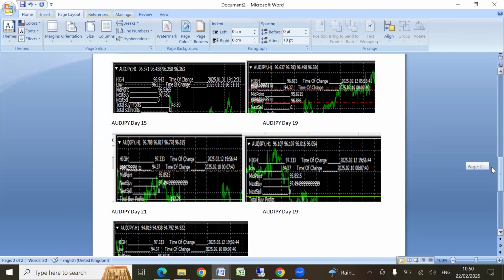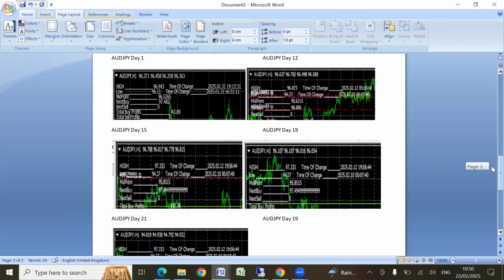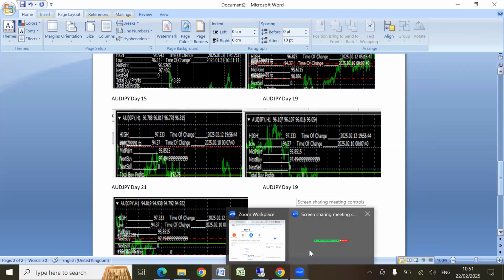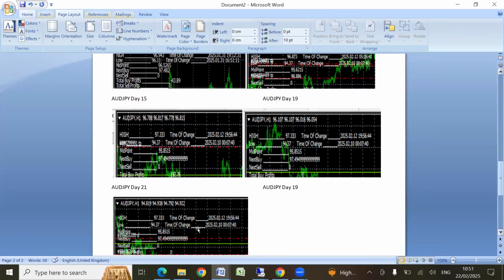Which means it achieved the lowest price on the 10th of February and achieved the highest price on the 12th of February, just 2 days within each other. So within 2 days, it was able to achieve the highest point from that position.